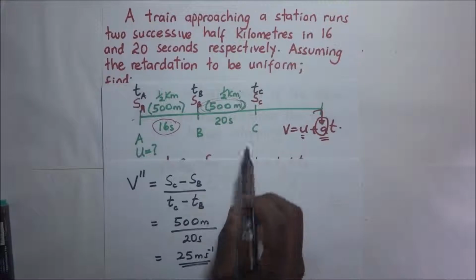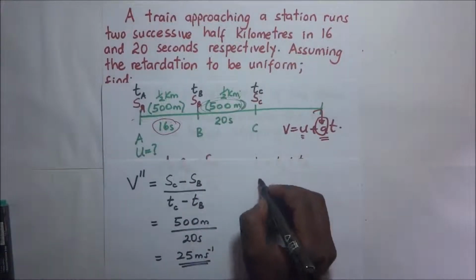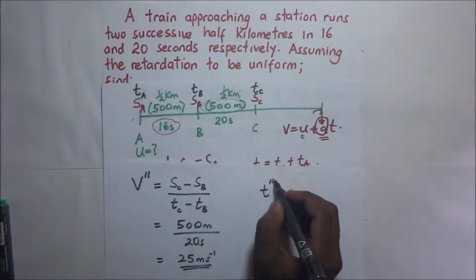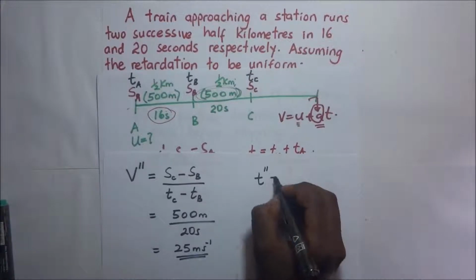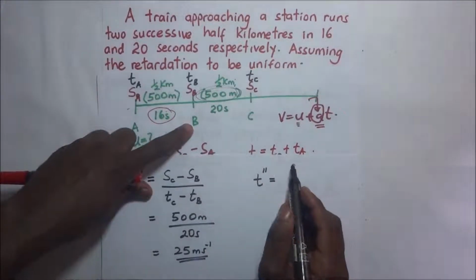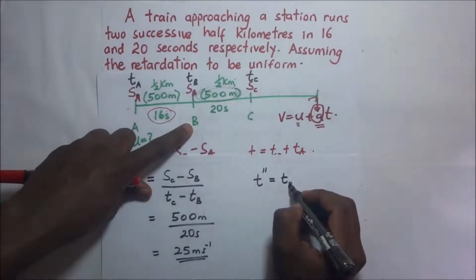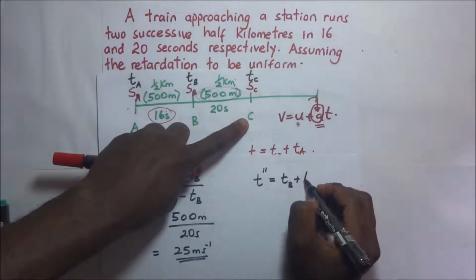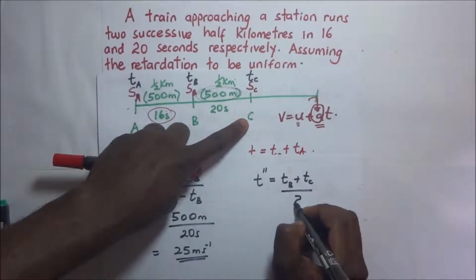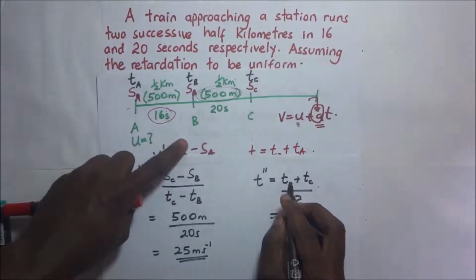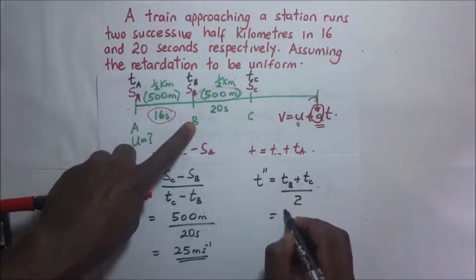So we'll go ahead and find the average time in this slot. The average time, which we shall call T prime prime, is going to be equal to the time at B plus the time taken to reach C, divided by 2. The time taken to reach B is 16 seconds.